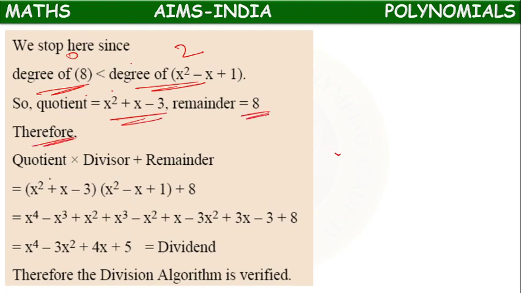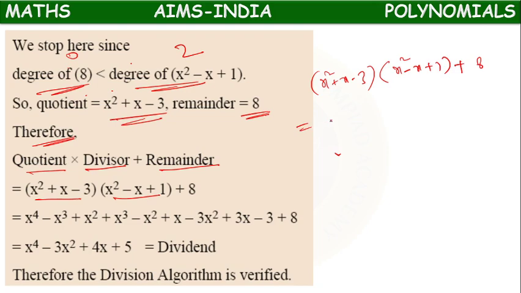Again, if you want, quotient into divisor plus remainder. Let's do it here. x square plus x minus 3 into x square minus x plus 1, plus 8. So first, x square into x square, x power 4, plus x square into x, x cube, x square into minus 3, minus 3x square.